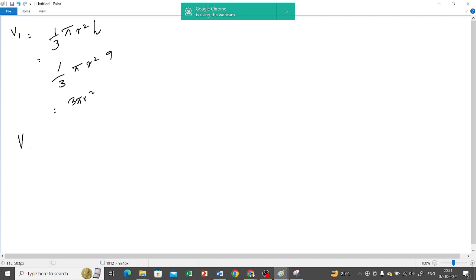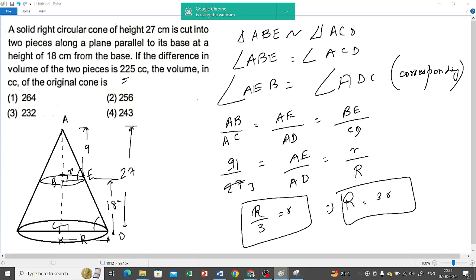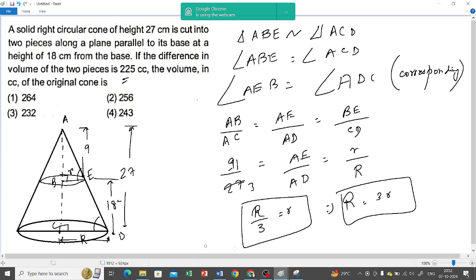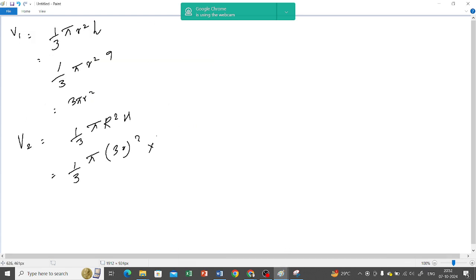Now what is the volume of the entire cone? 1 by 3 pi capital R square into h. Capital R is 3r, into 27. 9 r square into 9. So 81 pi r square, right?